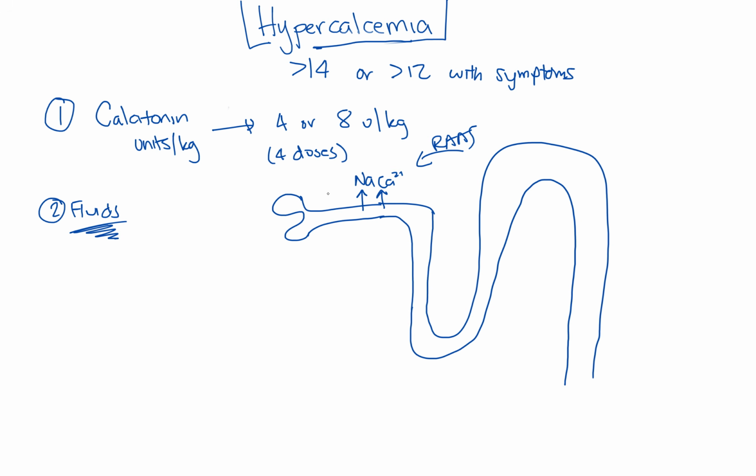If everything is absorbed in the proximal tubule, because of this volume contracted state and RAS activity, you're going to have difficulty peeing out your calcium, right? Which is what we want. We want to use the kidney's ability to pee out calcium.